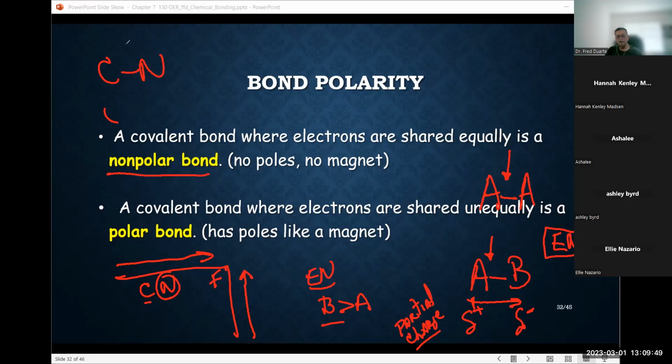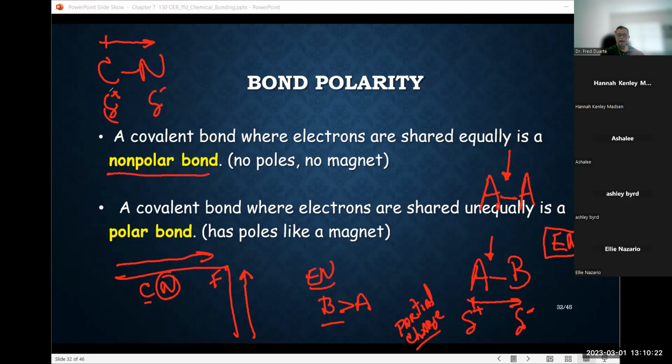So for this bond, the arrow will go from carbon to nitrogen, giving us a partial negative on the nitrogen and a partial positive on the carbon. We can do that for any atom combination: just determine the arrow relative to who has the most electronegativity, using the position on the periodic table relative to fluorine.